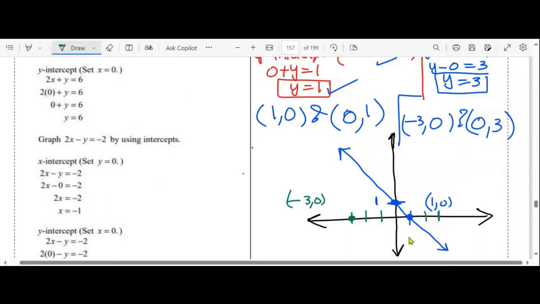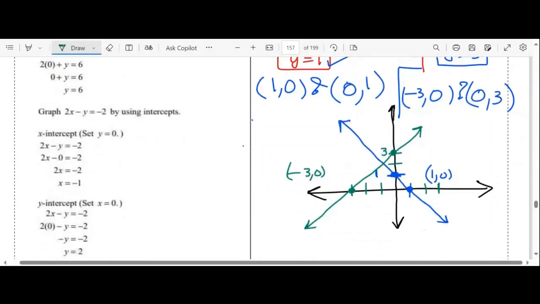And what is 0 and 3? 0 and 3, where were we? Here, right? So your line will look like this. Okay. So where are they intersecting?